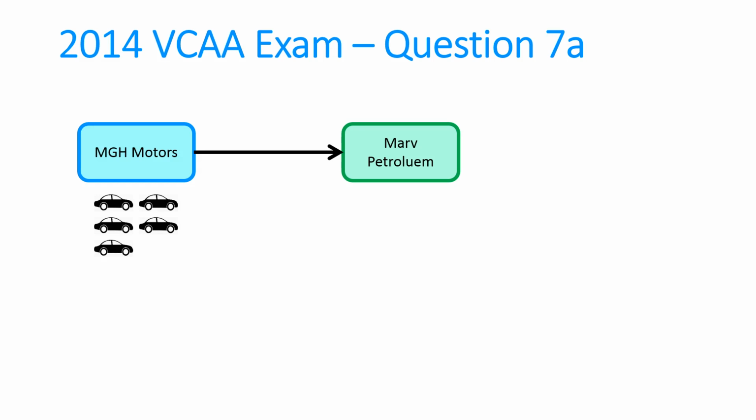What they're actually going to be is 6 cars for $300,000 plus GST. Mara Petroleum is going to give the money to MGH Motors, but MGH Motors isn't going to do anything. They're actually going to keep the cars at the business. So Mara Petroleum has paid money for something but hasn't got it yet. On the other hand, MGH Motors has got money but hasn't earned it.